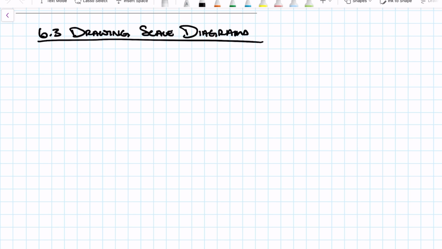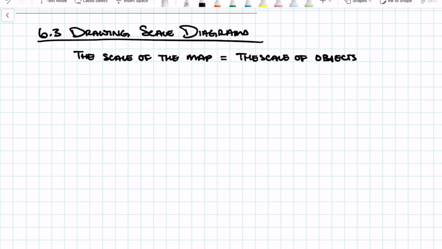We are going to start by just clarifying that the scale of the map itself is equal to the scale of objects in the map.